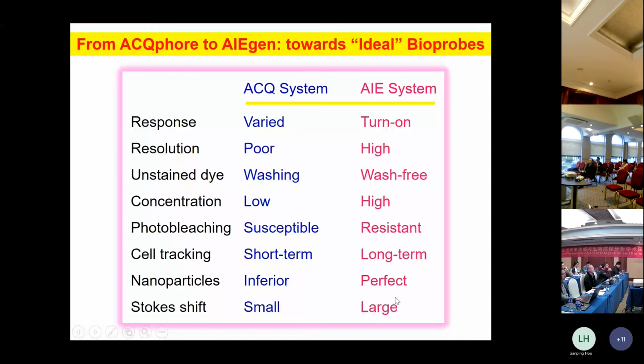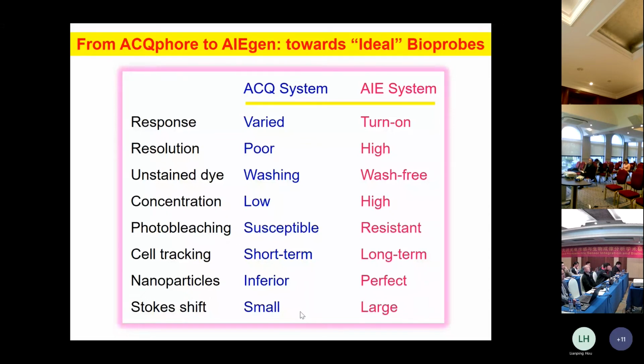Another thing I didn't mention today is the Stokes shift. For the conventional system, the Stokes shift is sometimes very, very small. For example, for the BODIPY I just talked about, the Stokes shift could be just a few nanometers. So this will have a problem: you have a very strong self-absorption, and sometimes technically it's very hard to remove the excitation light, so you have a very, very strong background.